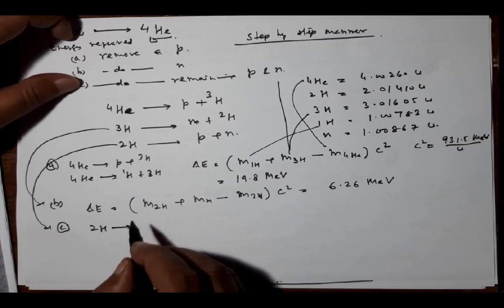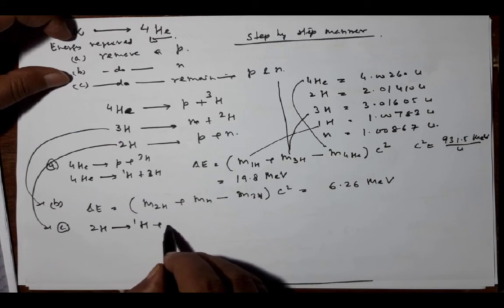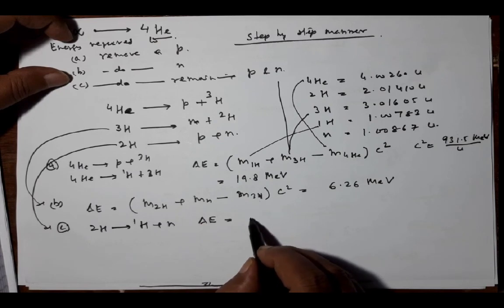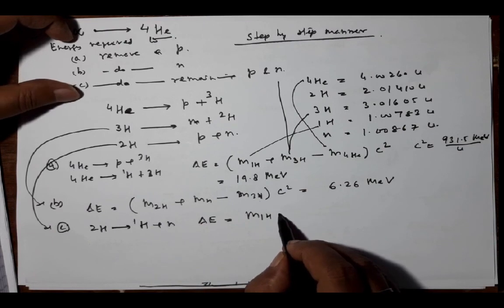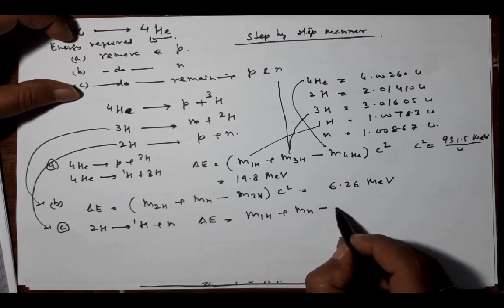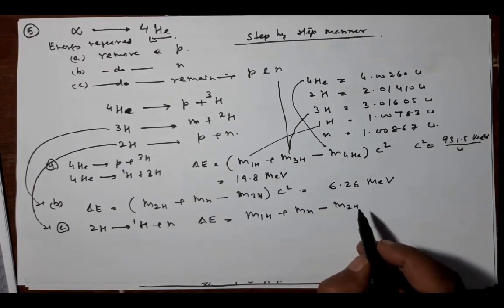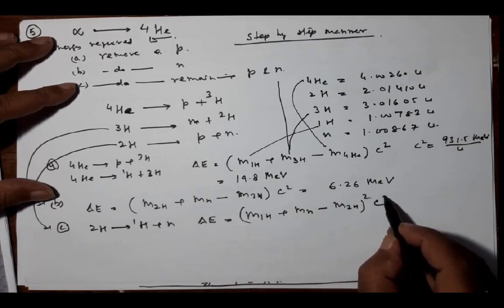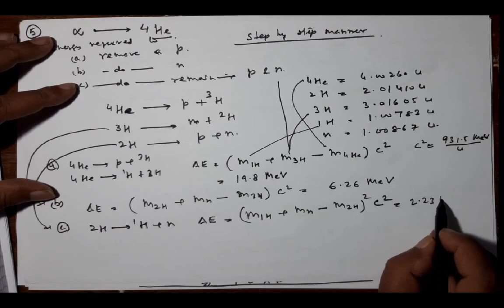This equation we can write as 1H plus N. So delta E is nothing but M1H plus Mn minus M2H into c square, and this will give you 2.23 MeV.